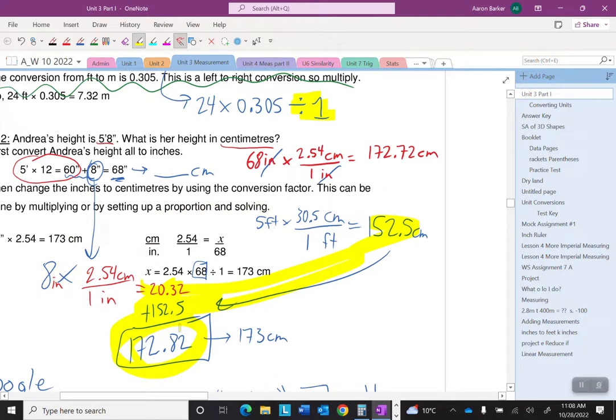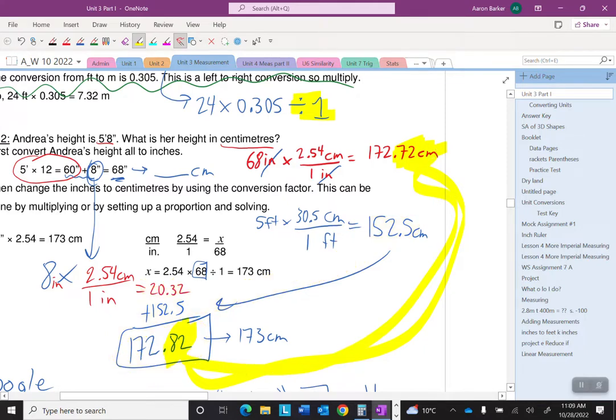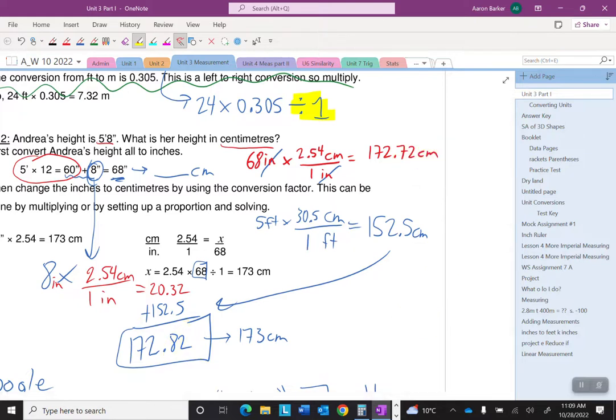And the cool part is, here you get 0.82, here you get 0.72. Why do you get two different answers? One method is 0.82, one's 0.72. Who can tell me why? I did just talk about it.